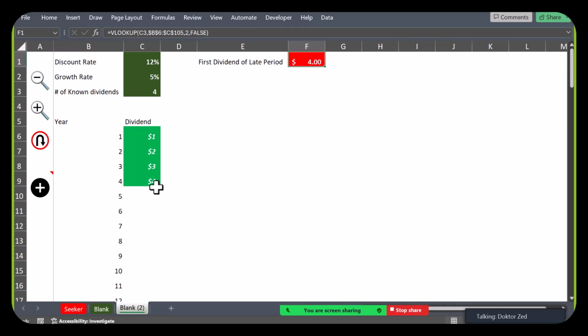That is the last dividend of the early period. But I'm going to multiply that by 1 plus the growth rate. If this was a problem with 6, and I had 5 and 6, it automatically gets me what I need.